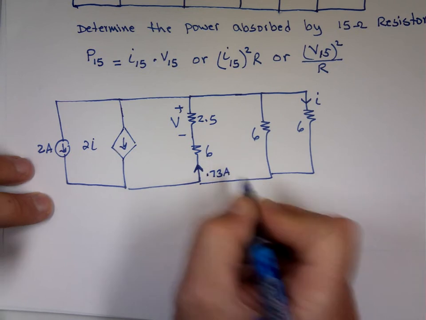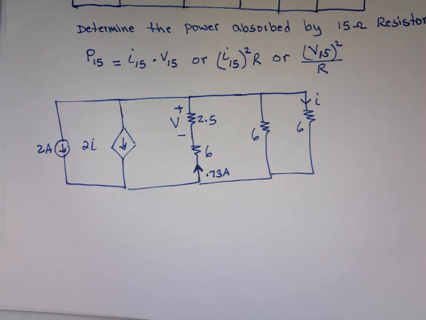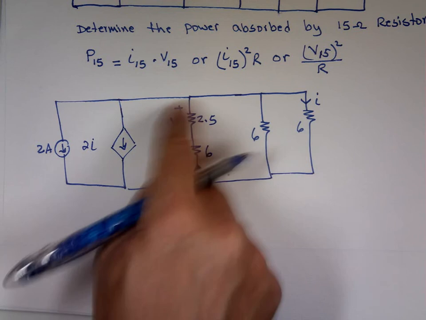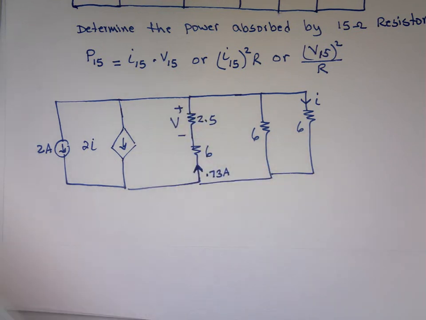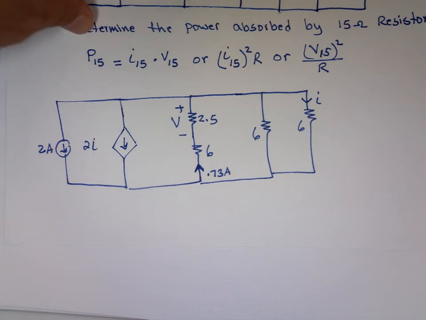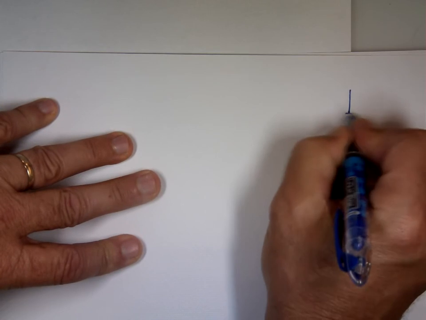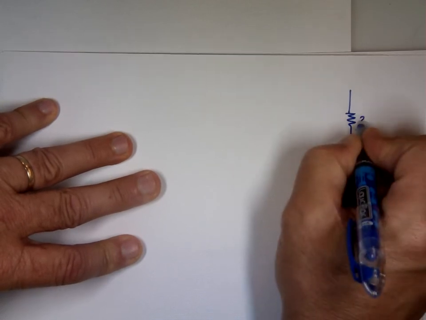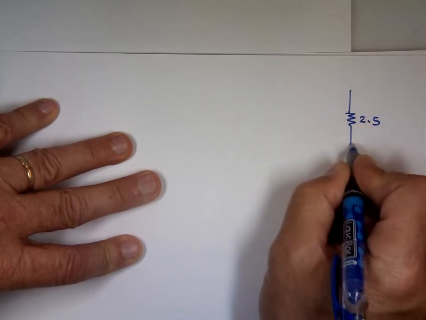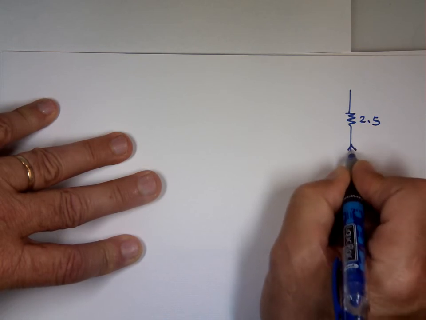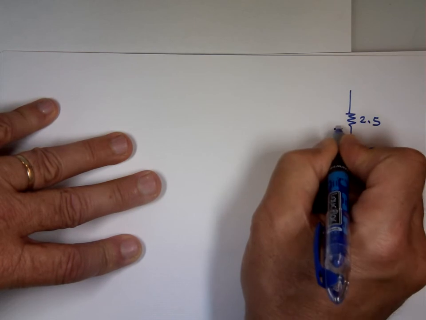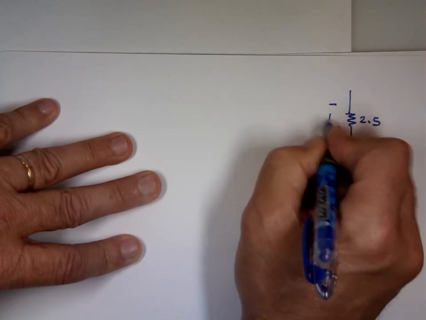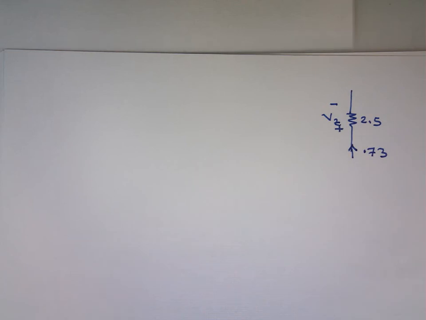So I know what the voltage right here is now. The voltage here will be what? If you look at that circuit, I'm just looking at that little branch here. There's the 2.5, and there's a current going through it upward, and the value of the current is 0.73. That makes this voltage plus to minus, we'll call it VZ, which is the backward of V. This will be plus, that'll be negative.